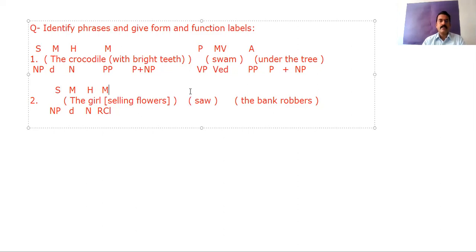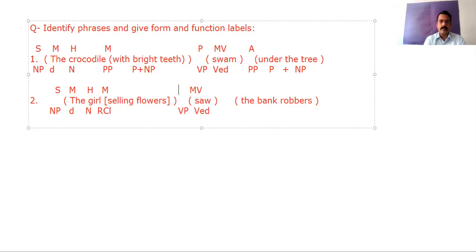Then the second phrase is saw, main verb. Saw is main verb, and the form label for saw is again VED because the sentence is in simple past tense. So it is VP functioning as predicate.